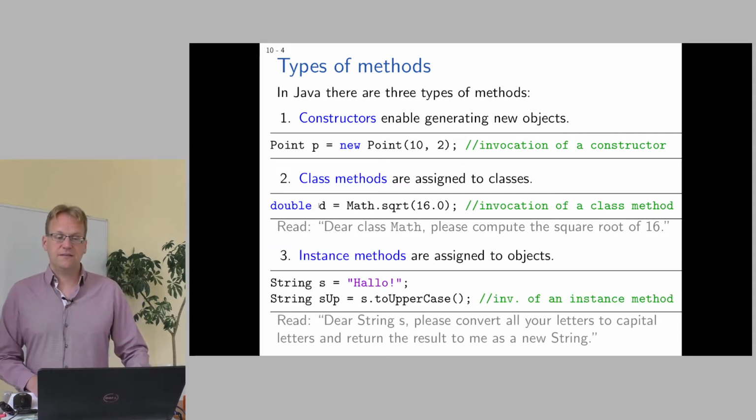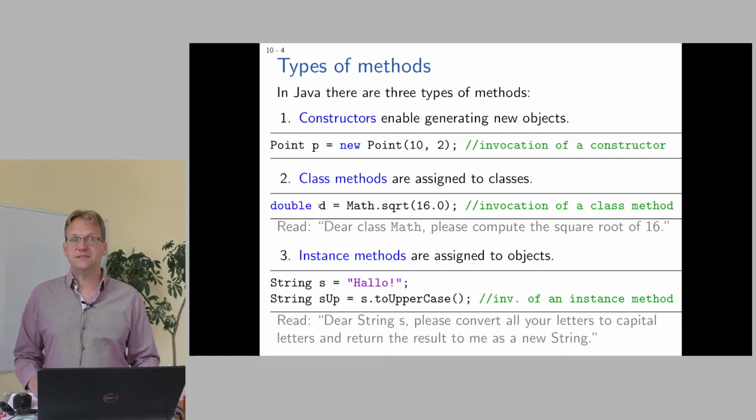And now the third type of method is instance methods. They belong to objects. So here I'm not addressing a class, I'm not saying dear class Math, but rather on the left-hand side of this dot I have an object.